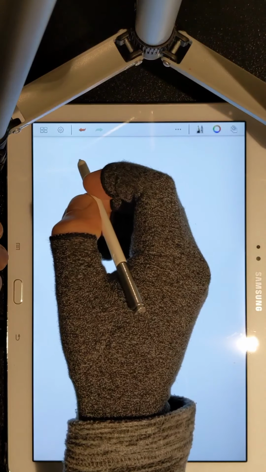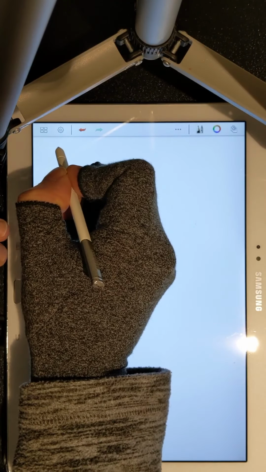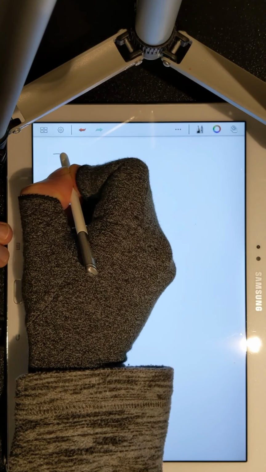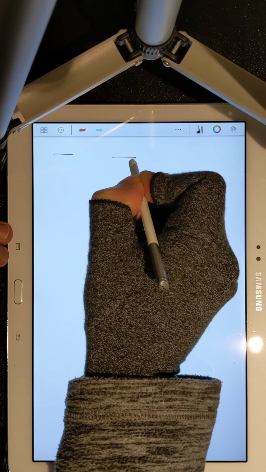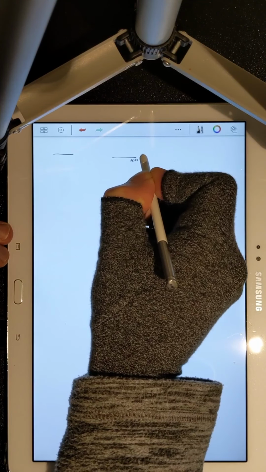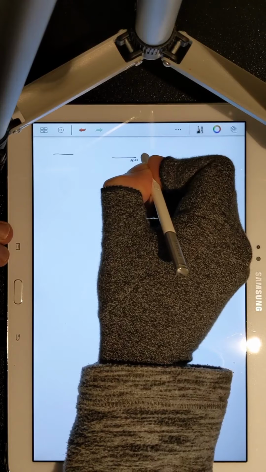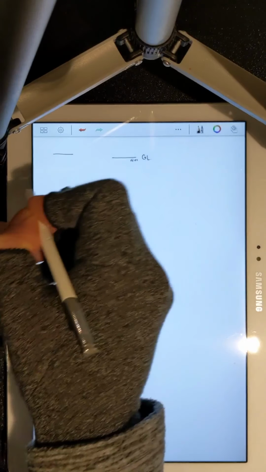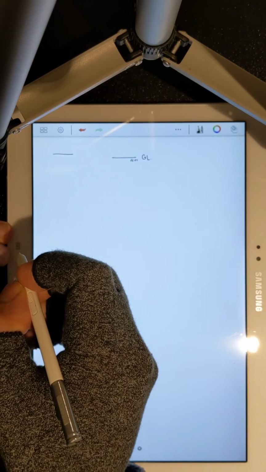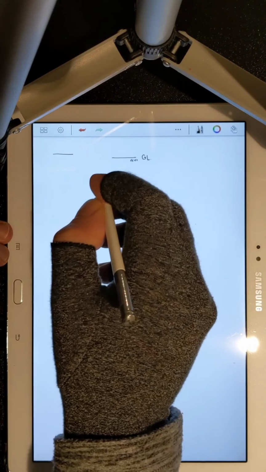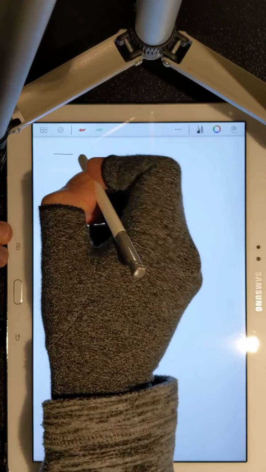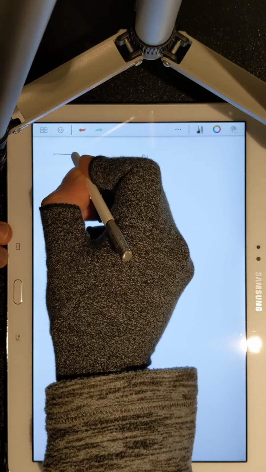Beginning with a schematic diagram of the problem, we have the ground level, that is my GL, ground level. I have a raft foundation which happens to appear at an embedment depth, so there is a bit of excavation.